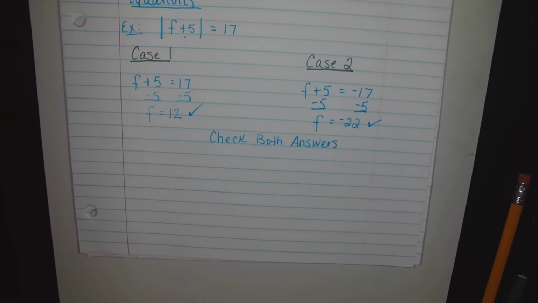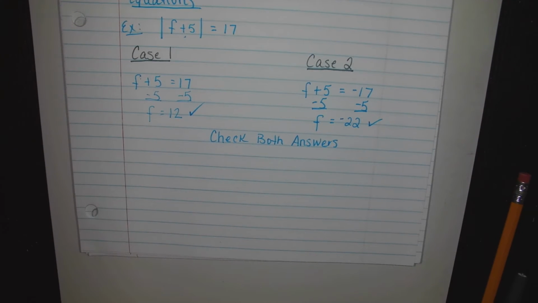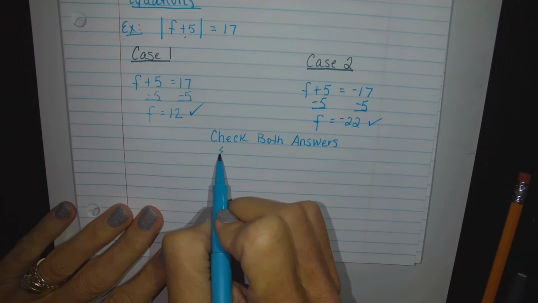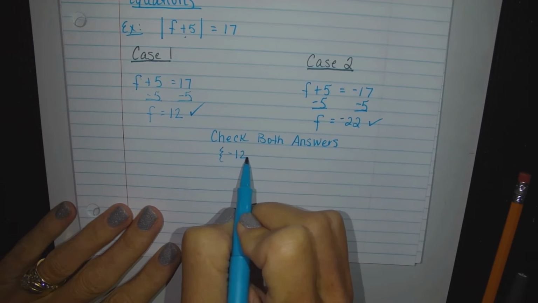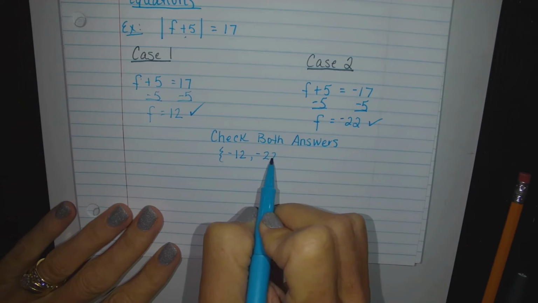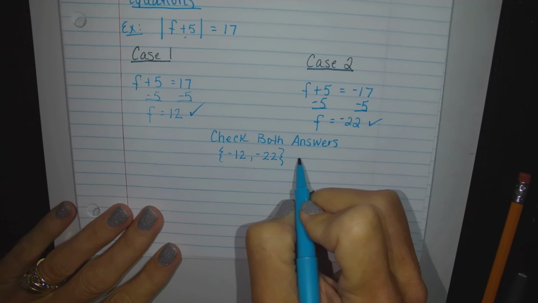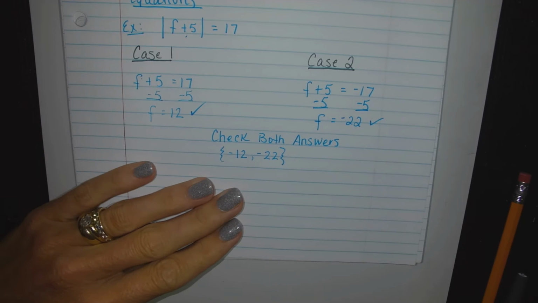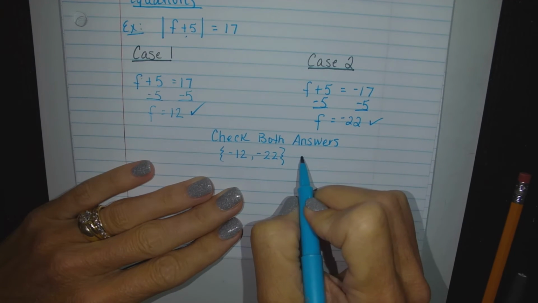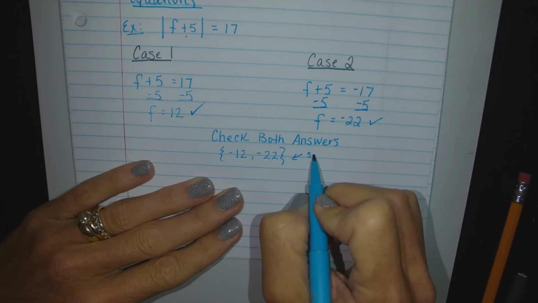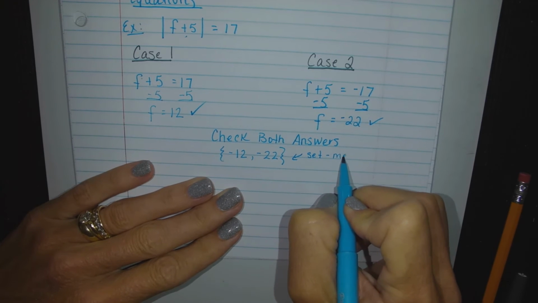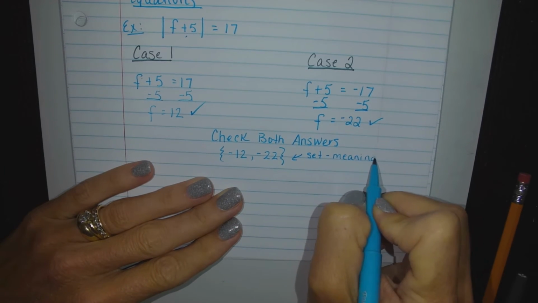Do you have to do both every time? Yes. Okay, did y'all hear what she asked? You have to do both, because how many answers did we get? 2. So here's how you write the answers. It's a set. Set meaning more than one answer.